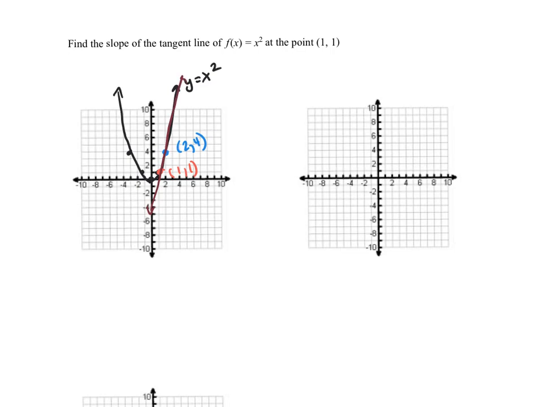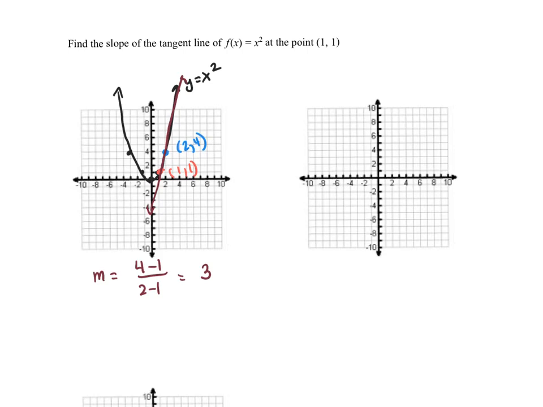And this touches the graph in two spots, so it is a secant line. Now the nice thing is I can find the slope of this secant line. It's 4 minus 1 over 2 minus 1. It's 3 over 1. So that is not a tangent line, but I do have the slope of a secant line that's pretty close to the tangent line.